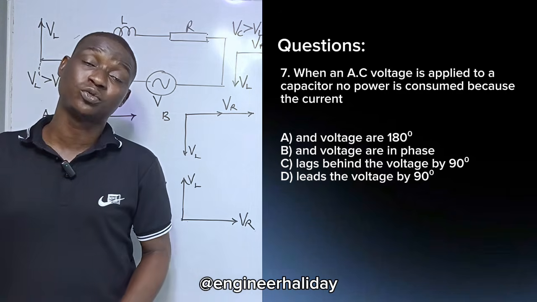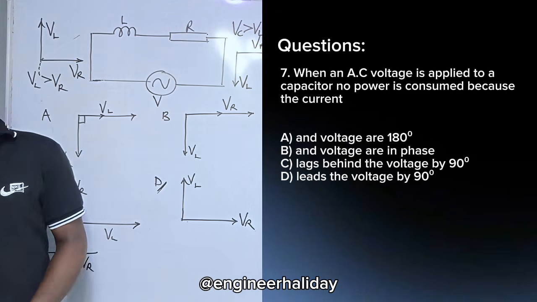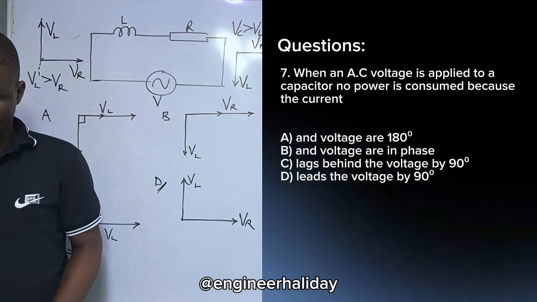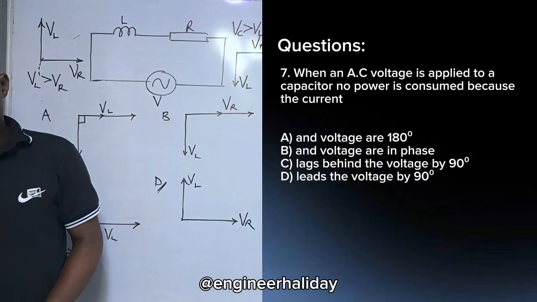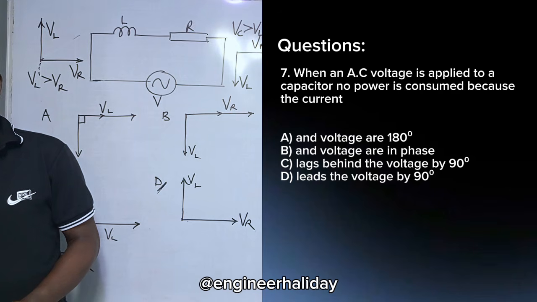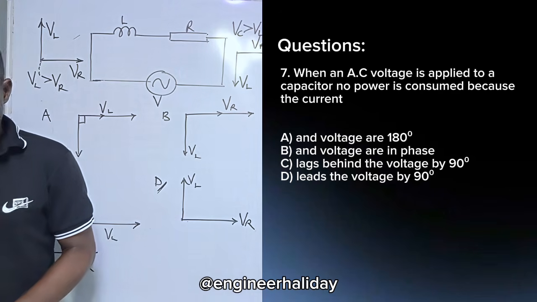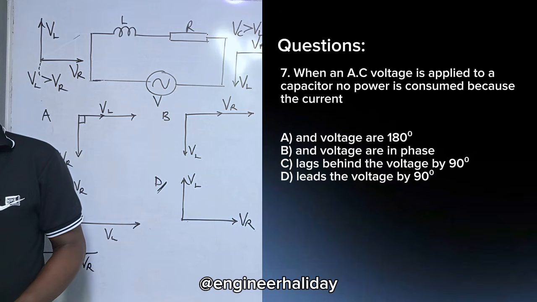For power to be consumed, don't forget current and voltage must be in phase. That is the major reason why no power is consumed in both inductive and purely capacitive circuits. It's because in a capacitive circuit current leads voltage. A says: current and voltage are what?